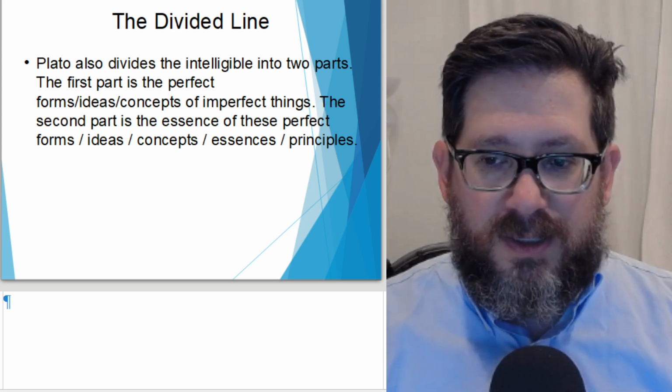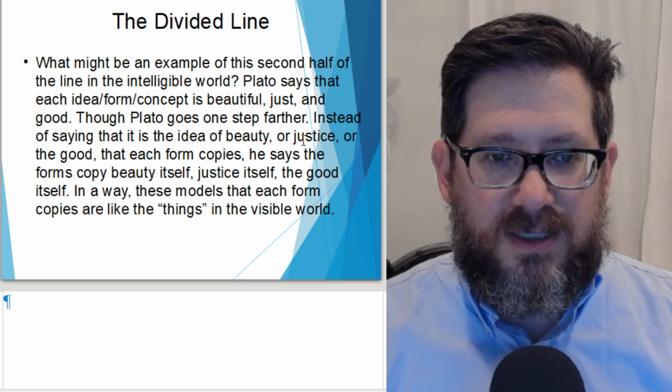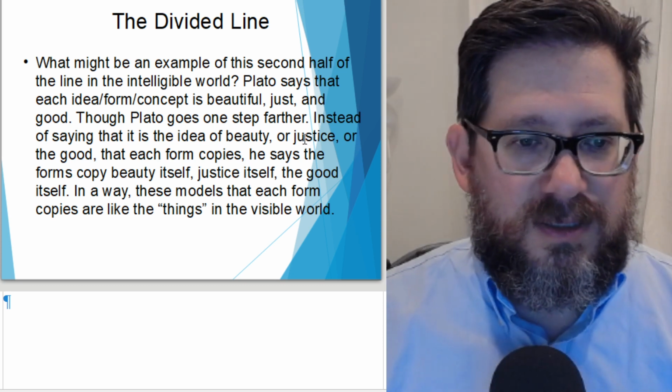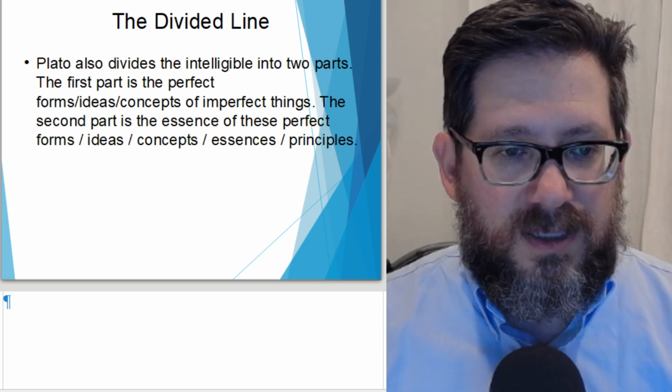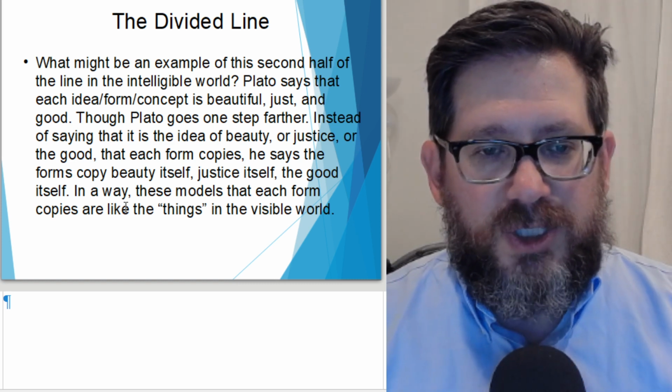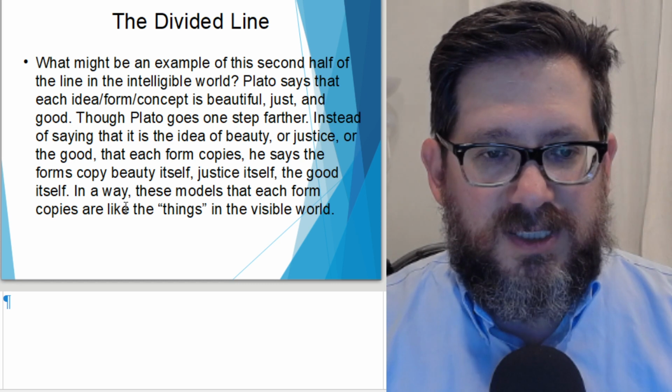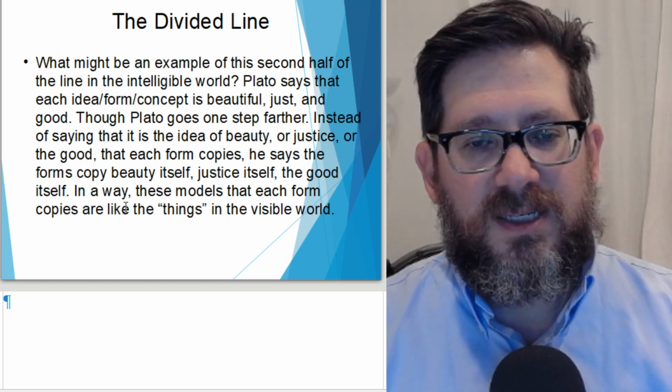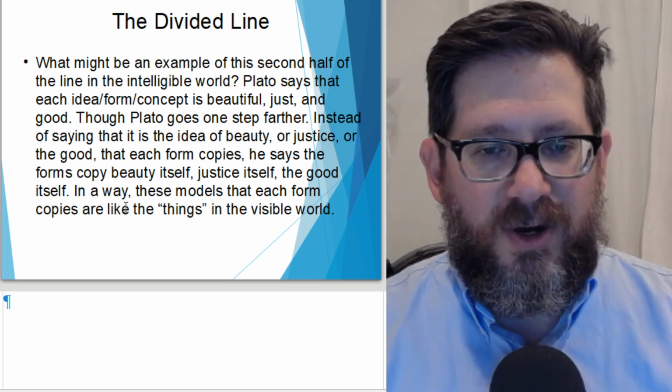So we continue on, and we're going to look at this question. What might be an example of this second half of the line in the intelligible world? It's higher order.